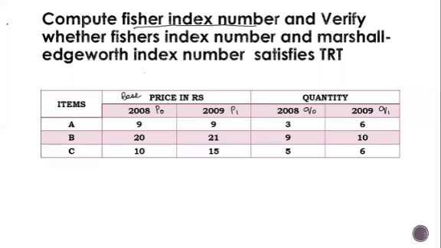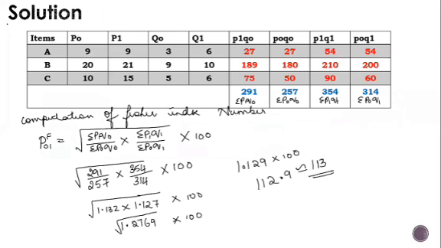It is the same, it will not change with this table. If they ask you to compute in any method, the formula is the same. Further, when they ask you to verify, there you should know. Keep in mind only 3 methods will be satisfied: Fisher, Marshall and Edgeworth, and Kelly's method.